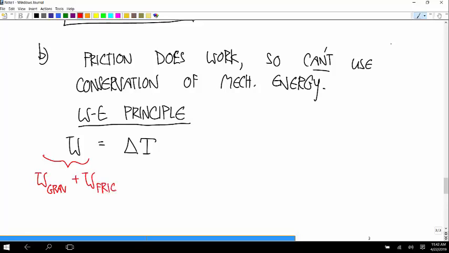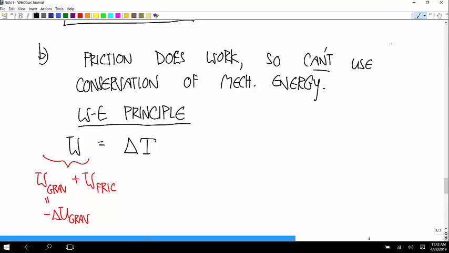Okay. And the work done by gravity is the negative change in gravitational potential energy. That's using that second relationship that we know for potential energy. So we can still just calculate the change in potential energy for gravity and get it into the work energy principle through this relationship.